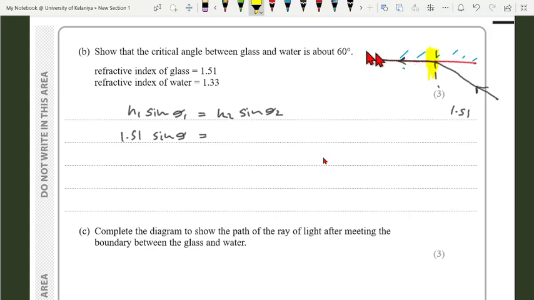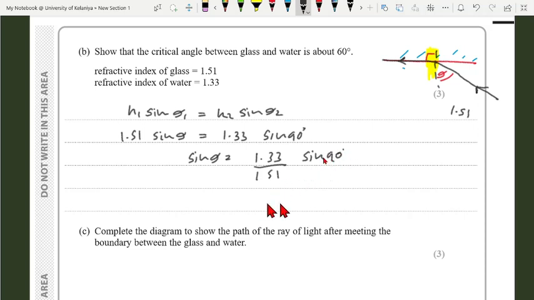Here this is theta. Here n2 is 1.33, the refractive index of water, sorry, I'm seriously sorry about that, and here it is sine 90. So you have to make sine theta the subject: sine theta is 1.33 times sine 90, which is 1, over 1.51.